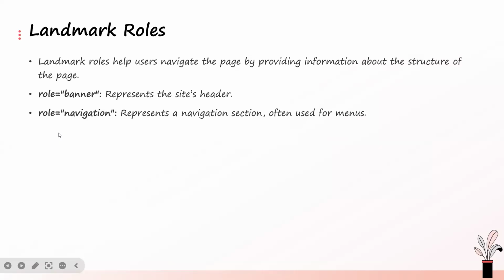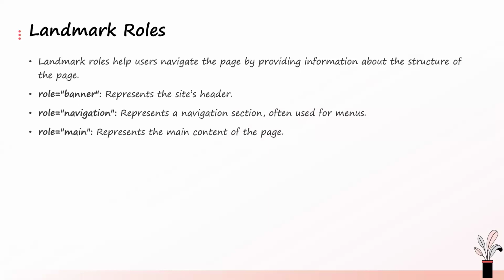All right? We have the role navigation. It represents a navigation section. So when you have all your navigation links, the ARIA role you're going to use there is navigation. All right? Main, you understand what the main element is. So when you say main, you're representing the main content. Even if you don't use the main element, which is not advisable, always use the main element.